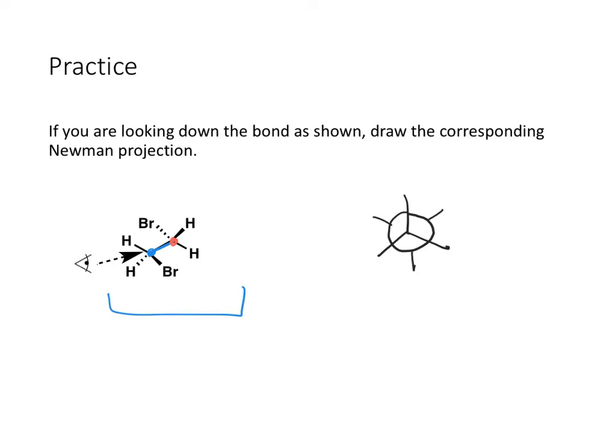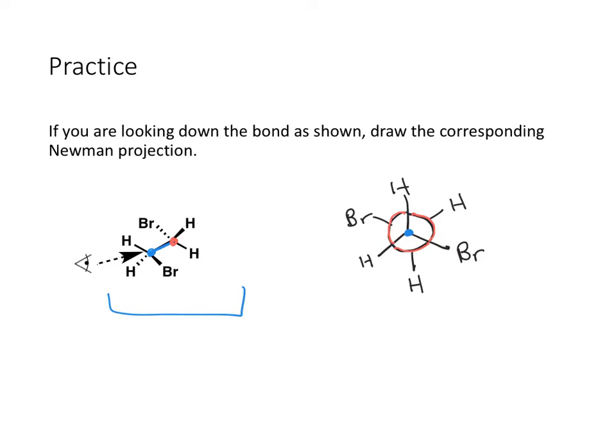So the front carbon would be this carbon here, and what's hanging off of it? Well, if you're looking down that bond, the bromine is on the right, the hydrogen's on the left, and the other hydrogen's pointing straight up. And then if you look at the carbon in the back, represented by this circle, the bromine looks like it's on the left, the hydrogen looks like it's on the right, and then the other hydrogen would be pointing straight down.